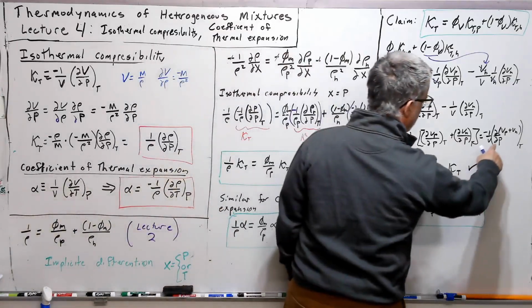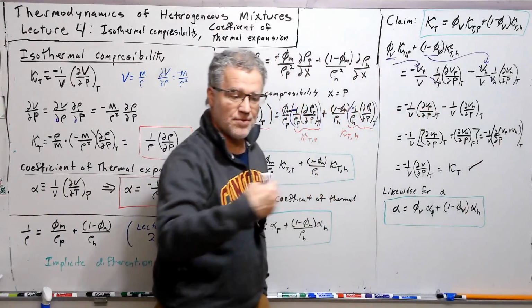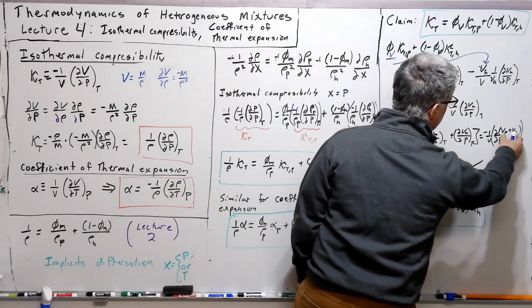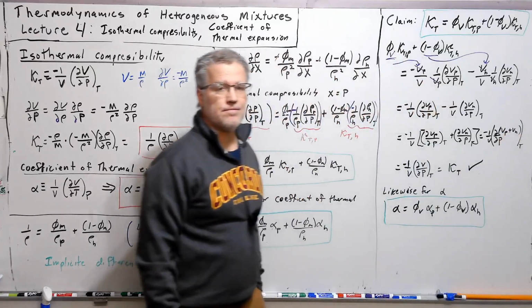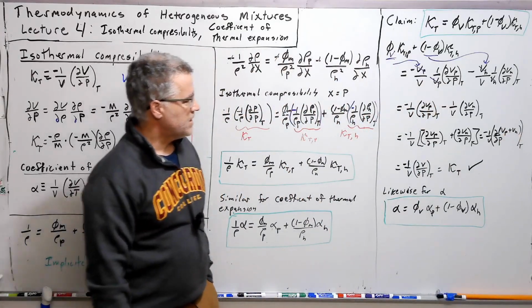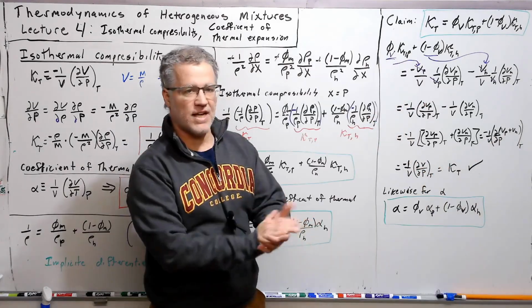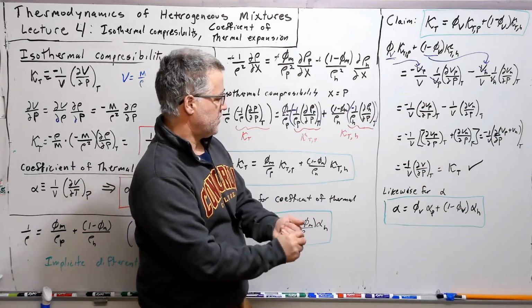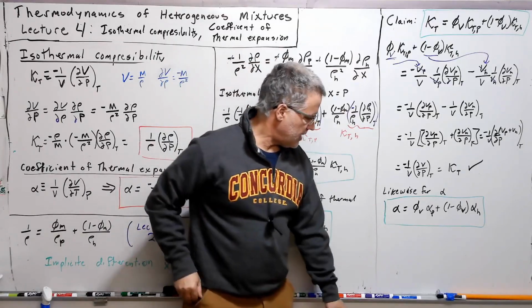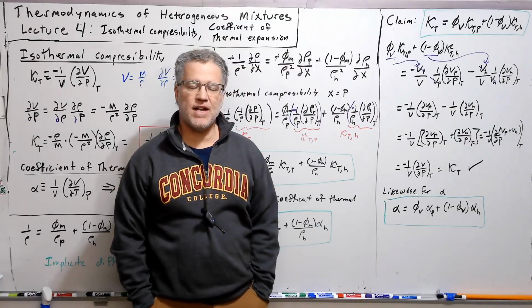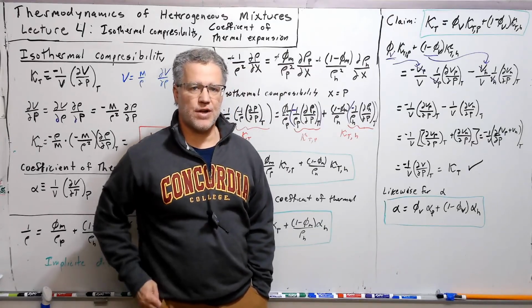Let's say that in reverse: the sum of the derivatives is the derivative of the sum. So I can write this as the derivative of the sum because of the linearity of the derivative. And then what is the sum? The sum is just V, and so this is the isothermal compressibility for the system. Likewise, this is the expression for the coefficient of thermal expansion. So maybe you can try to work that out yourself.